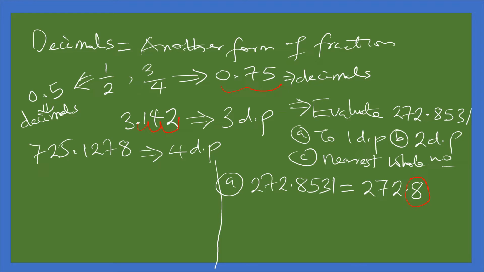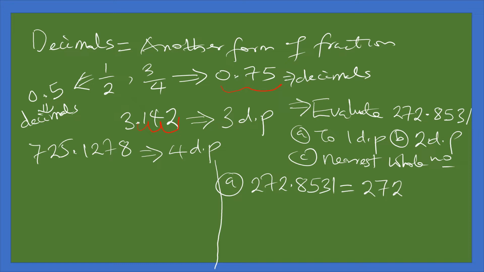We have a number immediately after the 8, which is 5. Now, whenever you have a situation like this, because this number here immediately after the 8 is equal to 5 or greater than 5, what do you do? You increase the previous number before that number by 1, and you discard the rest. What do I mean by that?